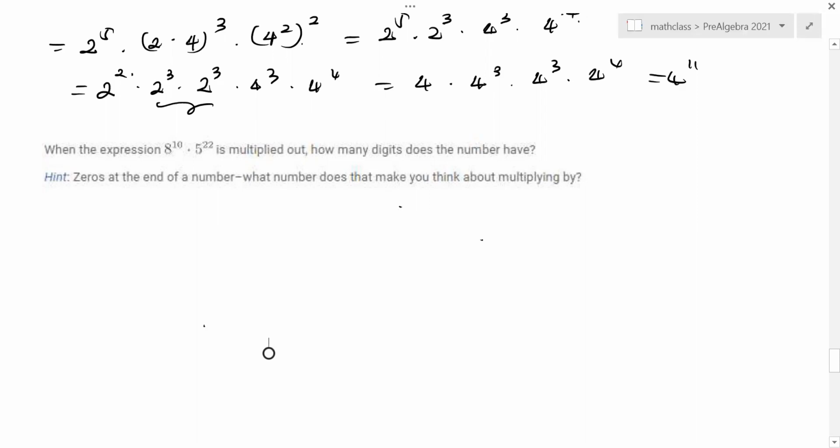All right, so how do we get 0? The only way you can get 0 is 2 times 5. So you just need to know how many factors of 5 there are and how many factors of 2 there are.